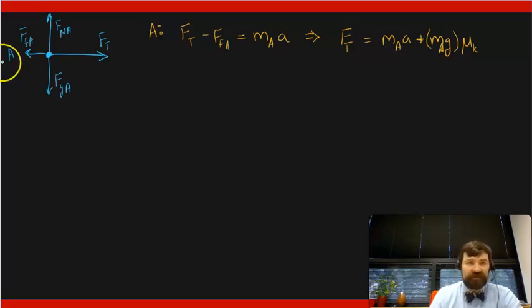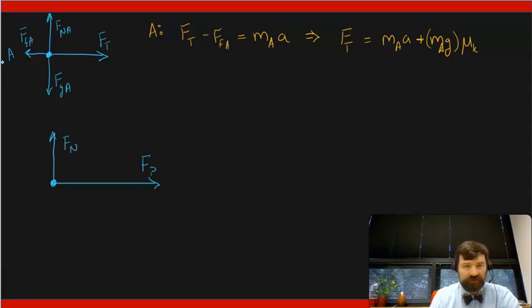Okay, for mass B, if we draw the same free body diagram, what we have is a pulling force, so we could label that as F pull. We again have a normal force. We again have a gravity force, so F_GB, which should be m_B times g.